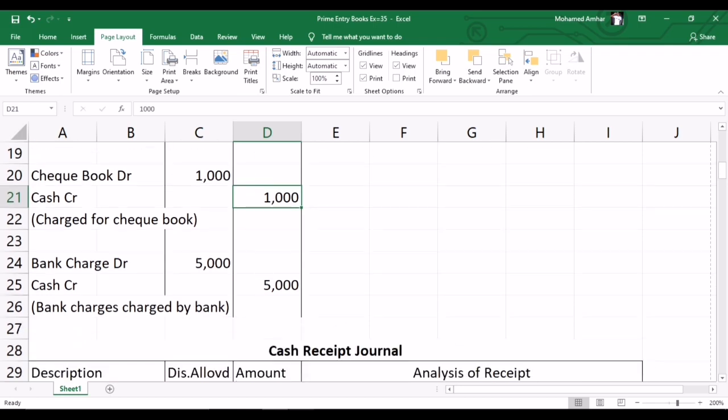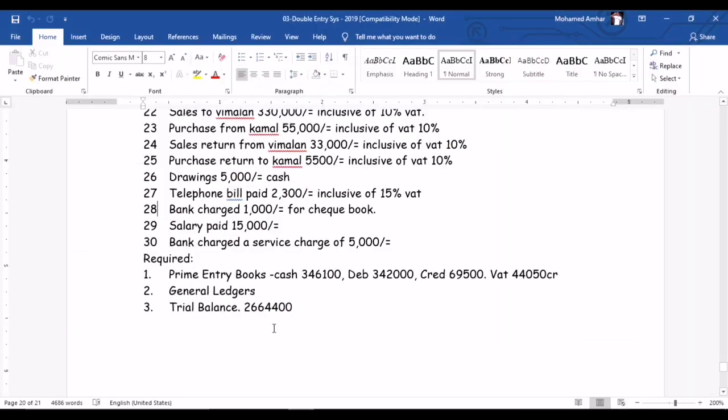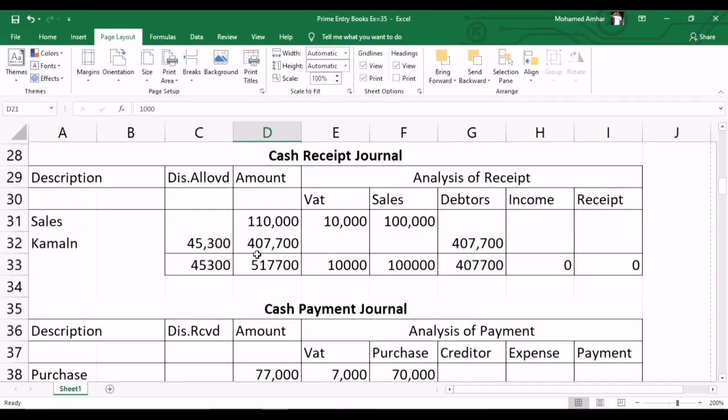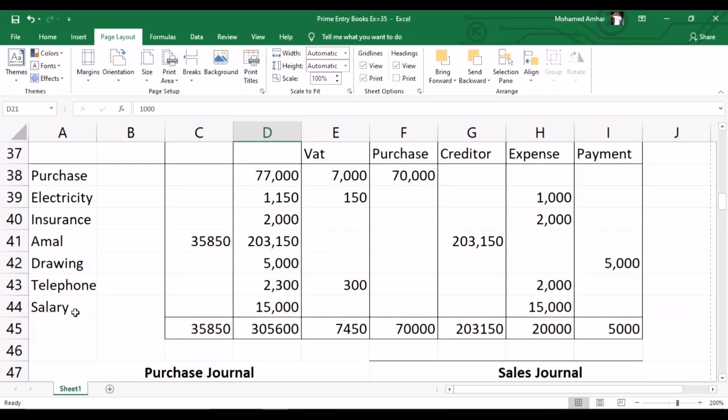Right. Next date is 29. Salary paid 15,000. So it is a cash payment. So salary amount is 15,000 and in the expense column 15,000. Right.